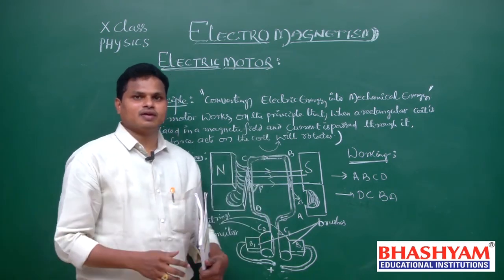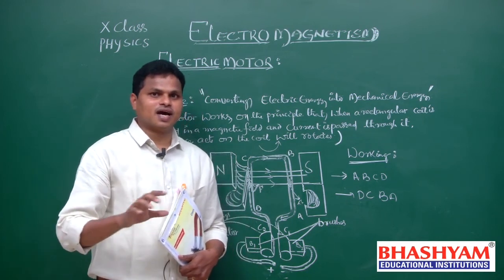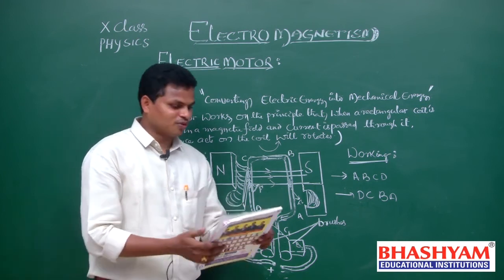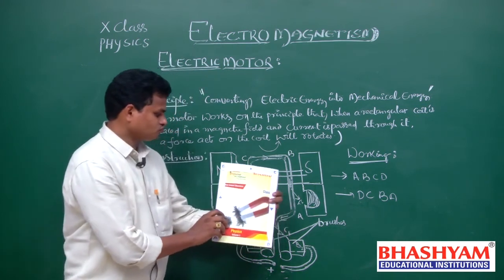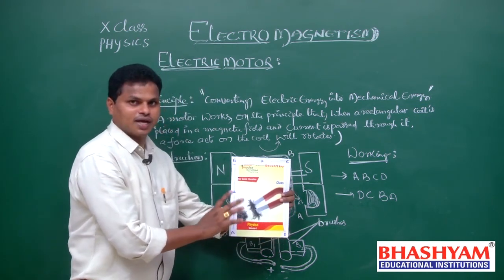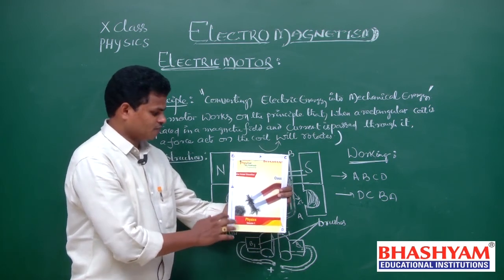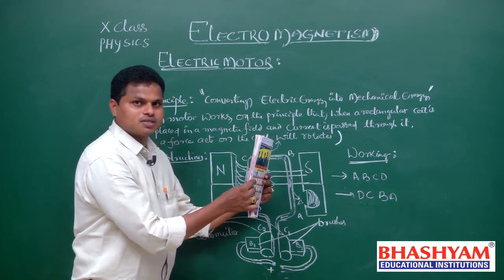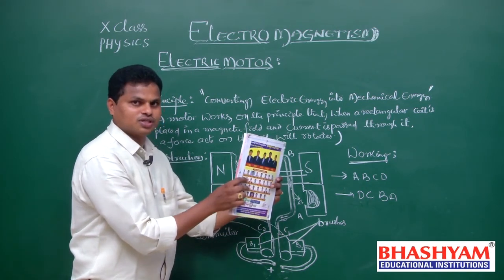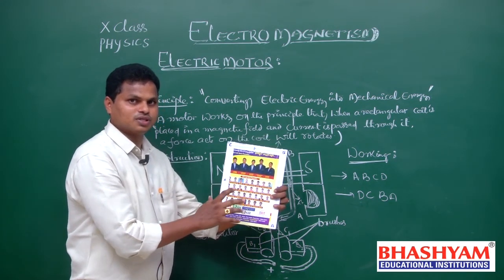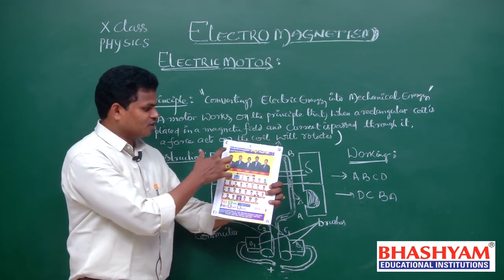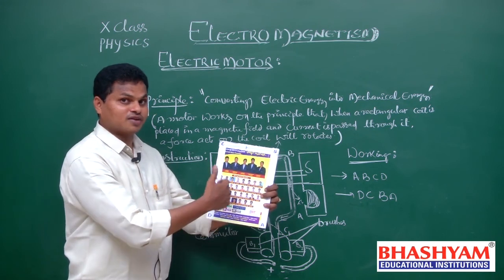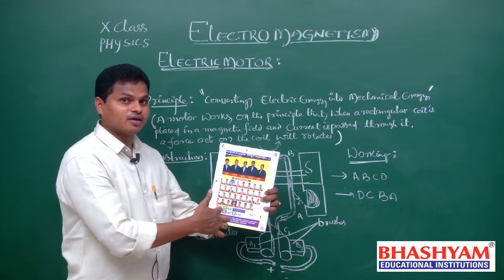Now what happens if the current is unchanged for every half rotation? For example, this is the actual position. Current passes, the coil rotates, halts due to inertia, comes into motion. But here the current direction is from C to D. Here D to C would be the reverse, but with C to D, what happens?